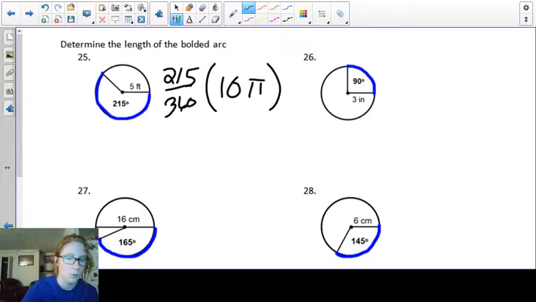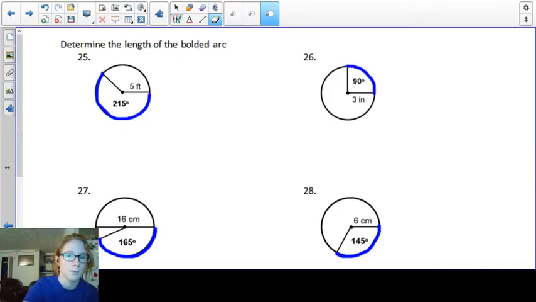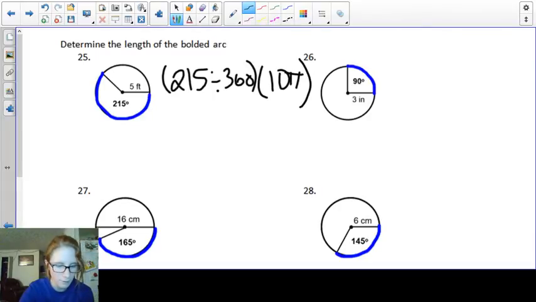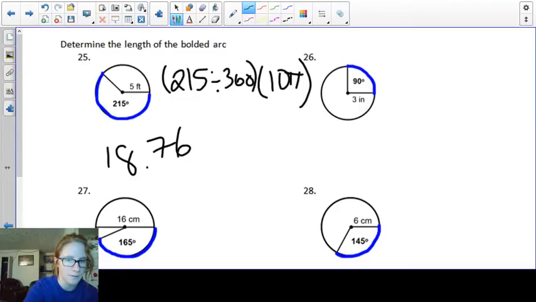So I'm going to plug that whole thing in the calculator. Remember to do that in the calculator. I'm going to rewrite it so you can see it in the calculator way. So it's going to be 215 divided by 360 times 10 pi. Which gives me 18.76 feet.